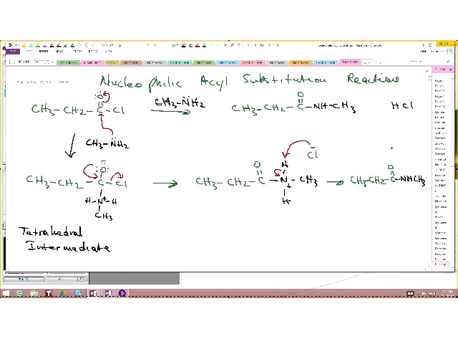So that's how you form your HCl right here.